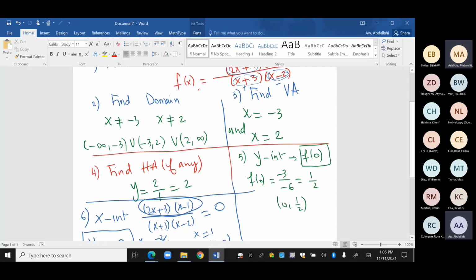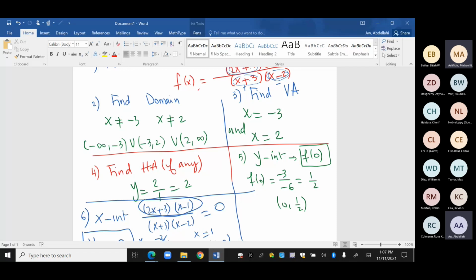Vertical asymptote and domain are very linked. The horizontal asymptote now, when I asked you the question, nobody gave me the answer. Please go ahead and read the 3 cases: if it is numerator heavy, denominator heavy, or if they have the same degree.